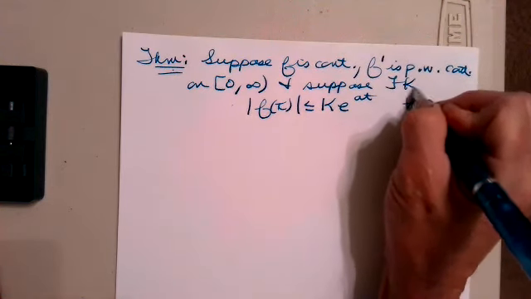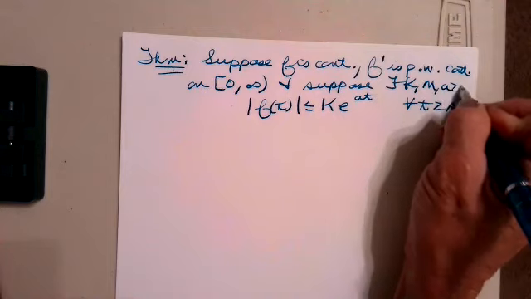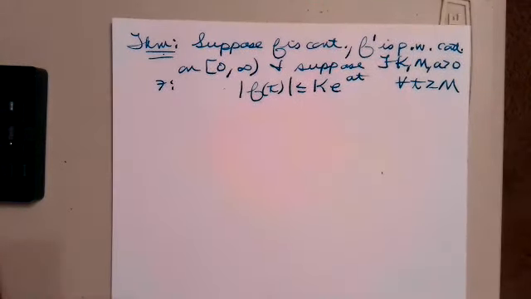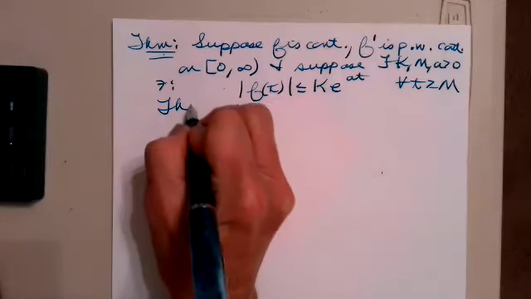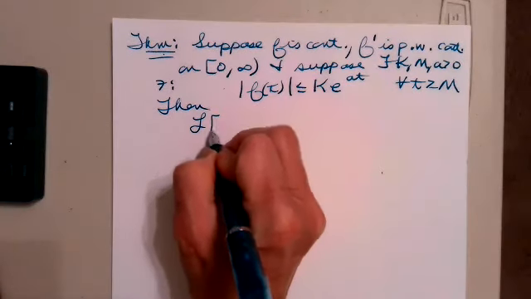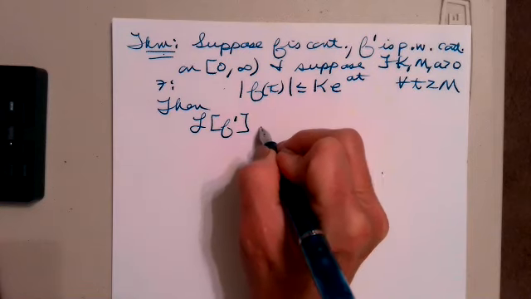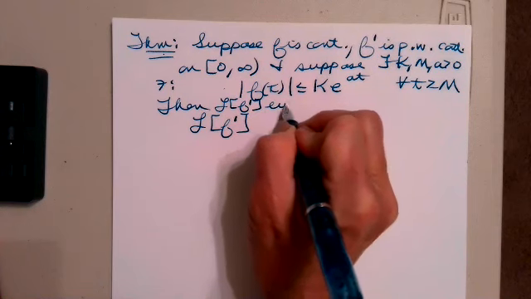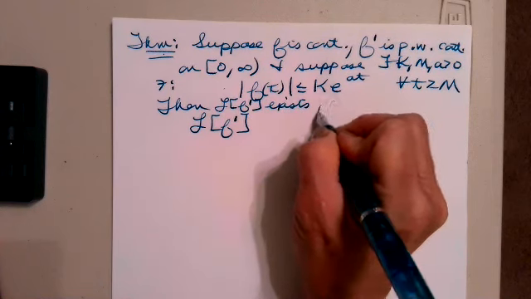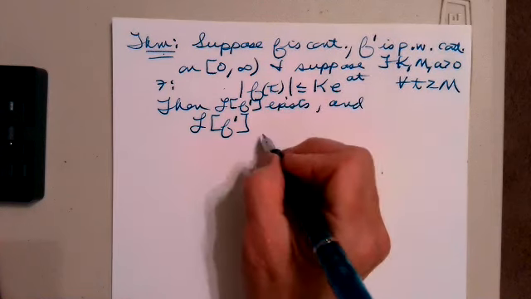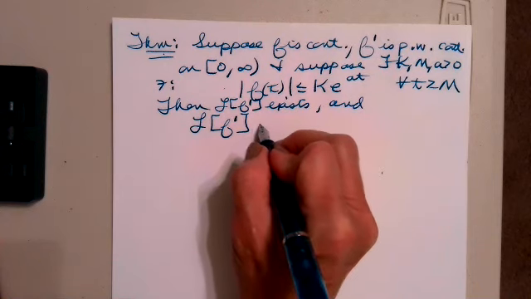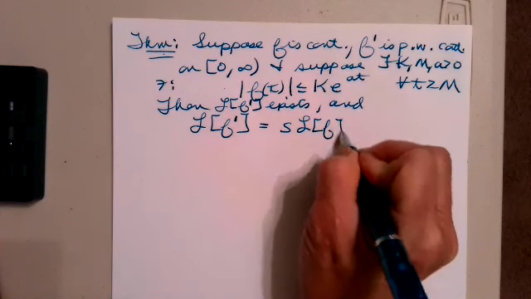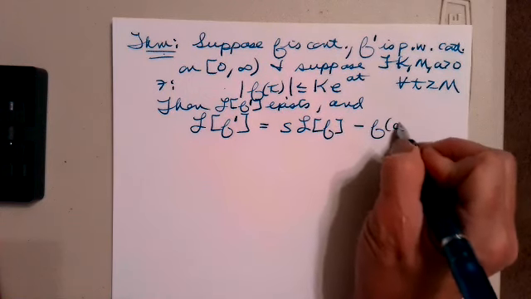So suppose there exists a k, an m, and an a all greater than 0, such that this is true. Then the Laplace transform of the derivative of f exists. And the Laplace transform of the derivative of f is equal to s times the Laplace transform of f minus the value of f at 0.